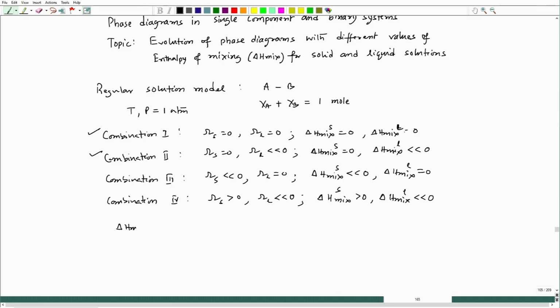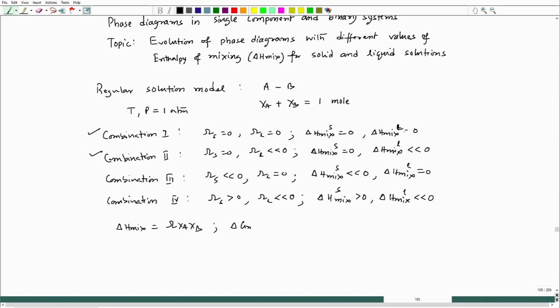Del H mix is equal to omega X A X B, and for solid everything would be solid, even the compositions, and for liquid everything would be liquid, but this is the general formula.